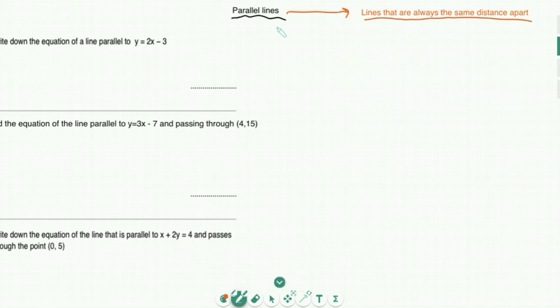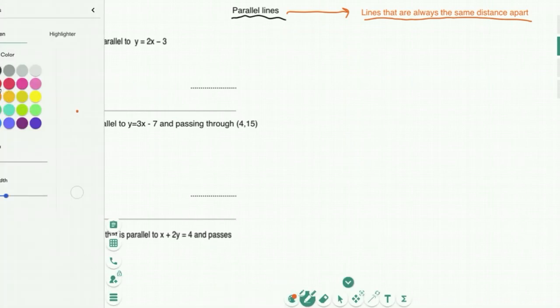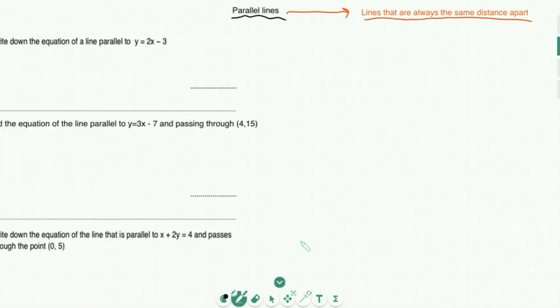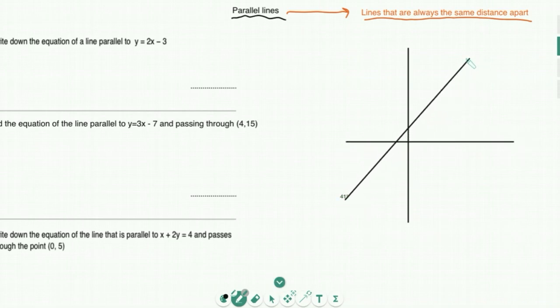And when we do our linear graphs, there's one really important fact about parallel lines we have to know. To do that, let's use an example to illustrate this. Let's draw our axis. Let's draw a line.